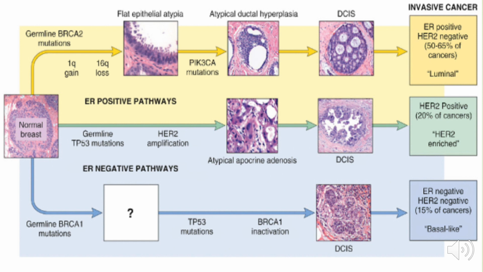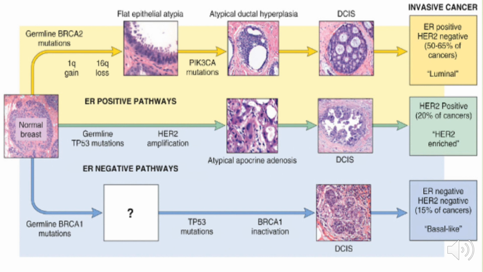More likely, they represent a progression from precancerous lesions such as flat epithelial atypia into atypical hyperplasias, ductal carcinoma in situ, and then into invasive malignancy. The low-grade atypical ductal hyperplasia and low-grade ductal carcinoma in situ are almost always ER positive.